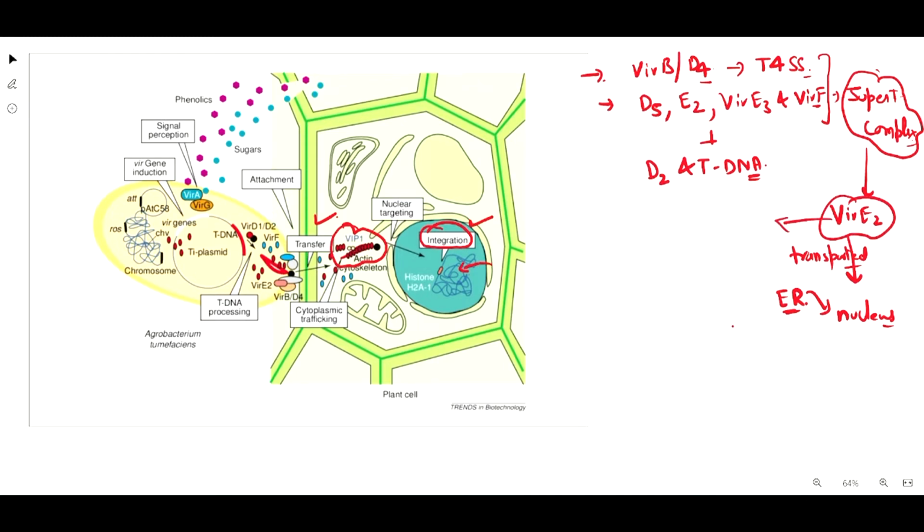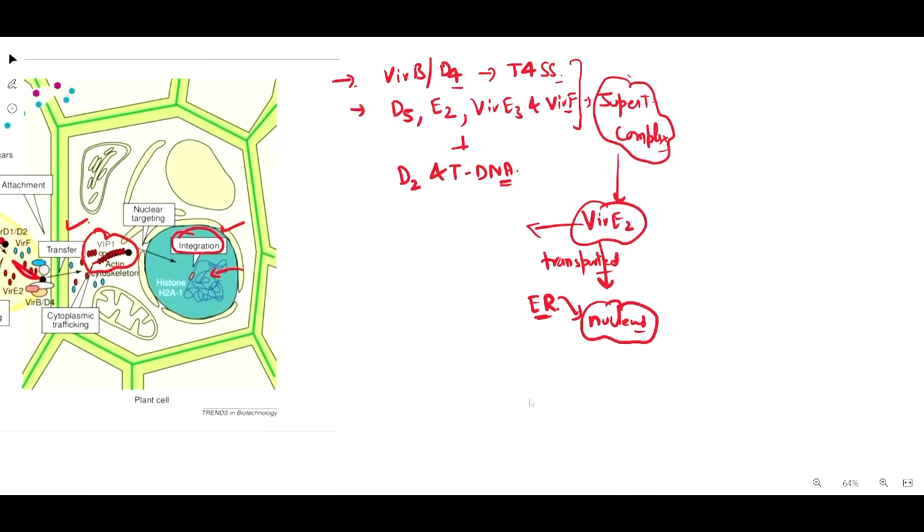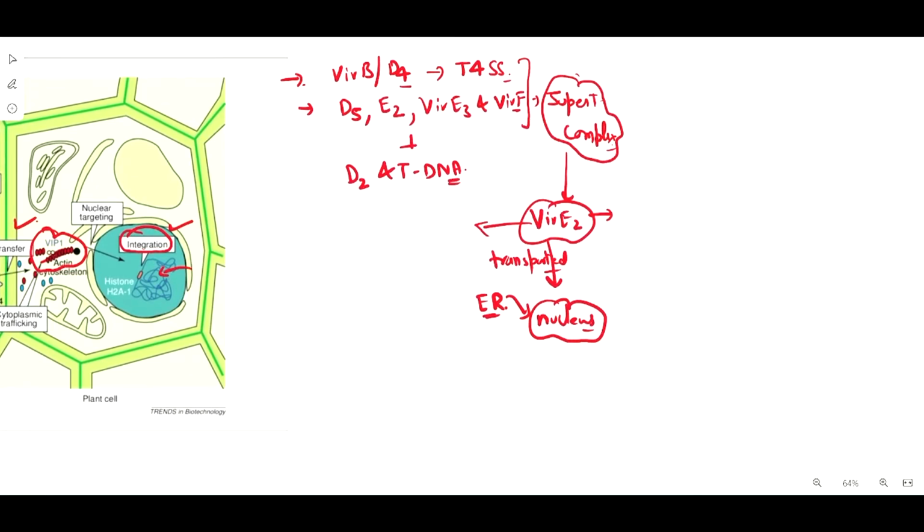Because previously we discussed that it protects the T-DNA from nucleases, which can degrade the T-DNA. As it reaches the nucleus, this VirE2 protein gets degraded by the action of the VirF protein, which is already present in your super T complex.